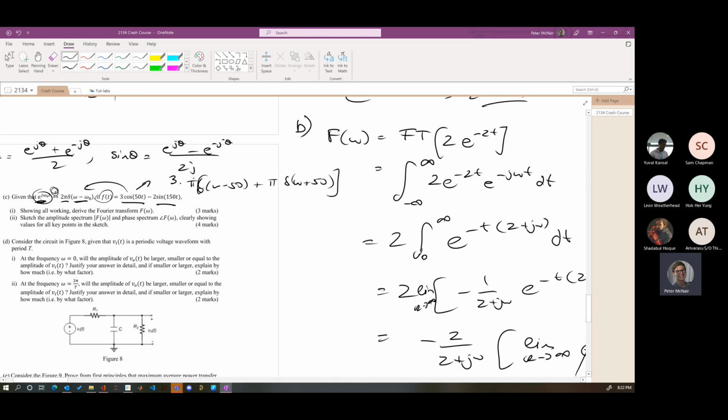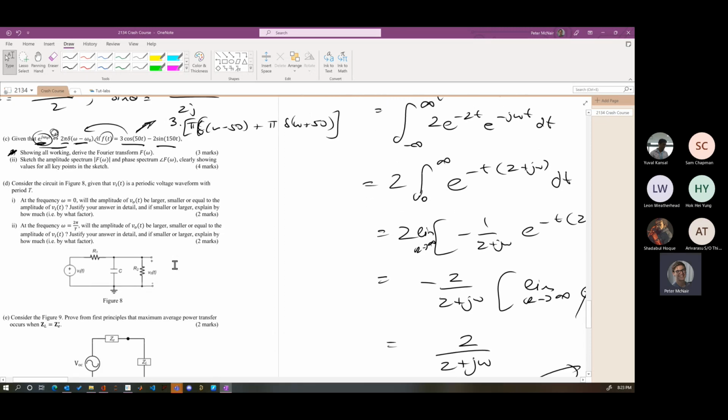But we're essentially taking the exponential route because they said given this. This is all that we get given, so that's what we have to use.